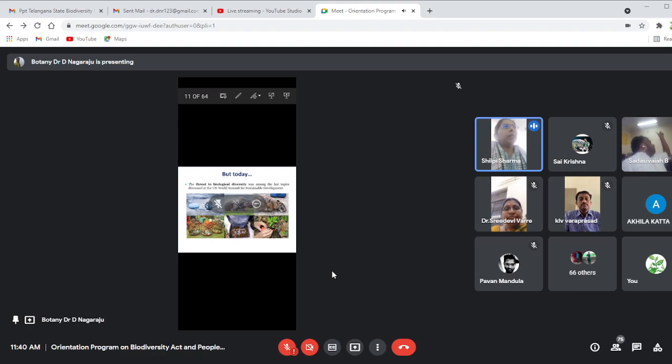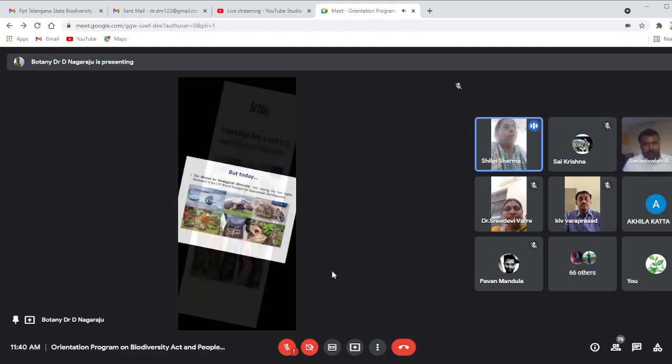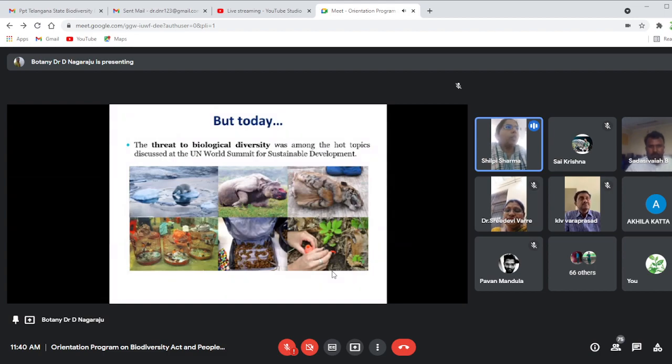The main objectives of CBD are conservation, sustainable use, and fair and equitable sharing.